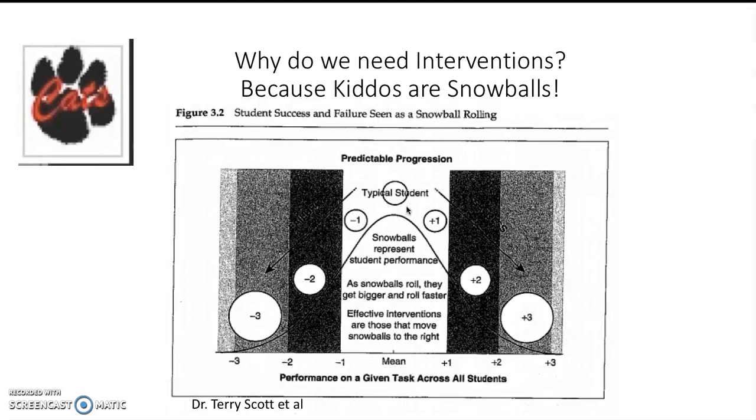We also have students that will receive a series of successes and start the momentum going the right way down the hill, the positive numbers. Those are the students that, if we keep that momentum going, will definitely end up as productive citizens in society. So we go back to the left side here and figure out how we are going to get those students back up the hill. It's going to take quite a few interventions, and they have to be effective to get that snowball to move up.